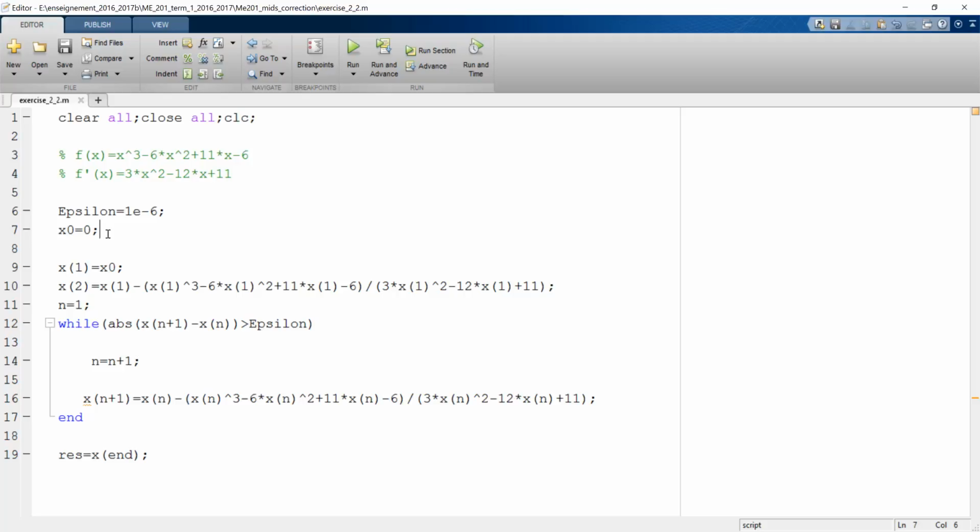We know that the results are 1, 2, and 3, but suppose you don't have this result and you don't have a polynomial, you have a nonlinear equation. You will do it using one of these methods, the Newton method.